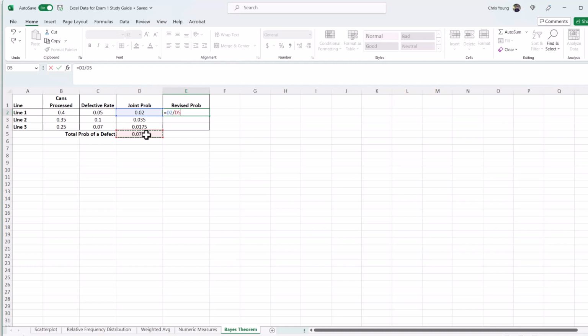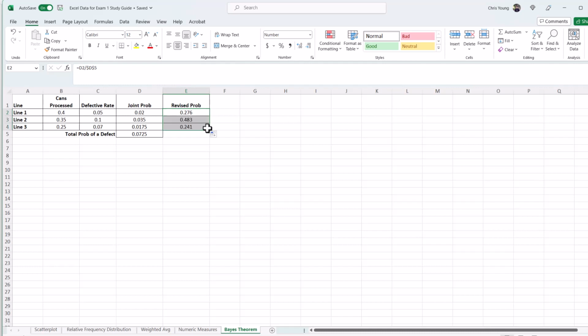Now what you saw earlier, this is actually almost the same exact calculation where we have our denominator that needs to remain fixed for each of the 3 lines. So I'm going to go ahead and click F4, and I'm going to lock the D and the 5 with our dollar signs and center this 0.276, and then I'm going to go ahead and drag that down.